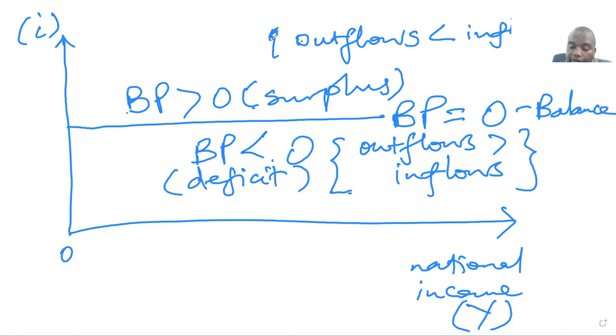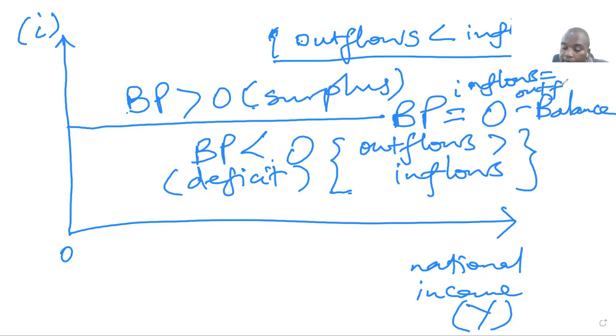Above, we expect our outflows to be less than the inflows. Below, the outflows are greater than inflows. At the BP curve, we expect both inflows and outflows to be equal. Along the BP curve, both inflows and outflows are equal.